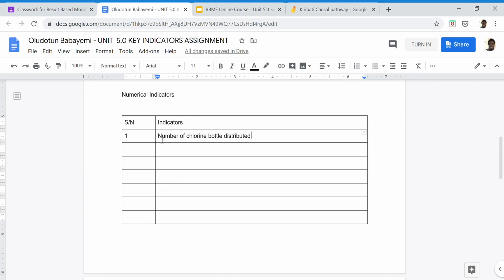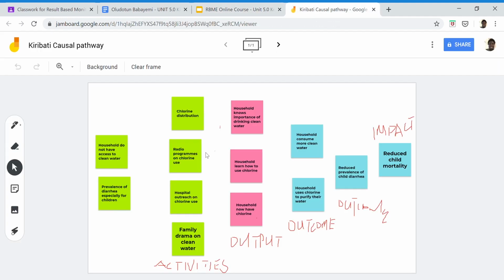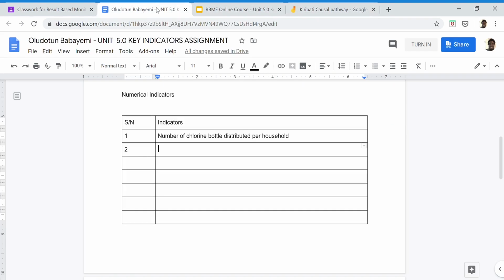In fact, it could be households, right? Then radio programs on chlorine use: radio programs per week.